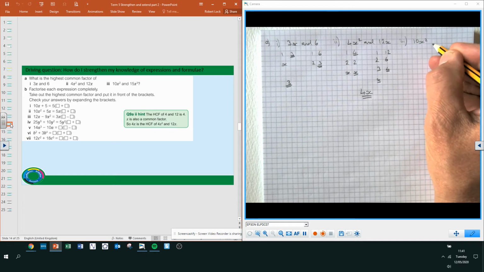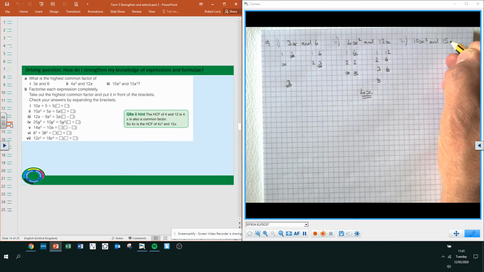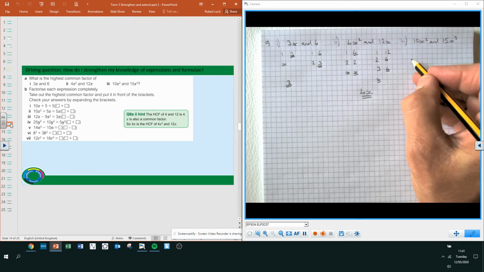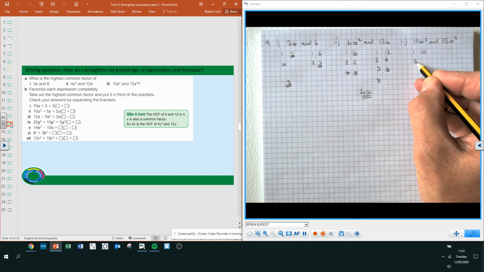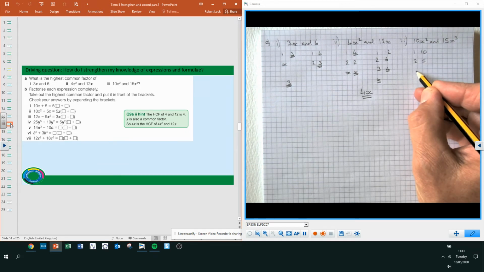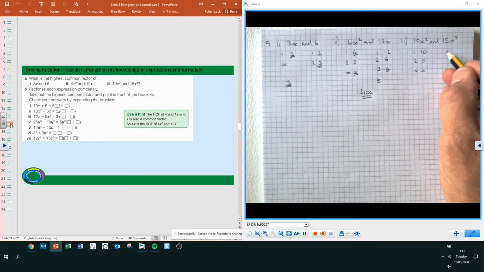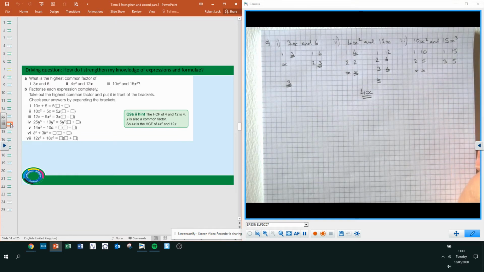10x squared and 15x cubed. So factors of 10: 1 and 10, 2 and 5, x and x. 15: 1 and 15, 3 and 5, because 2 doesn't go into 15, and x, x, x, that's 3 x's.